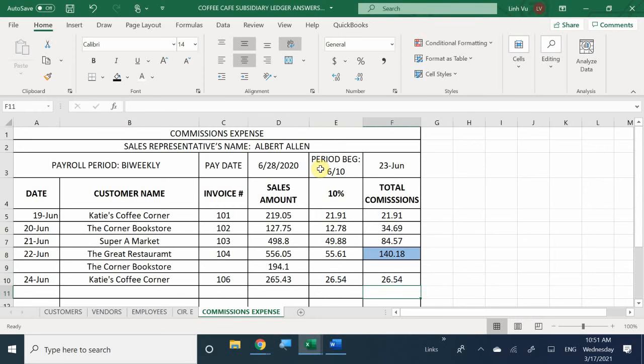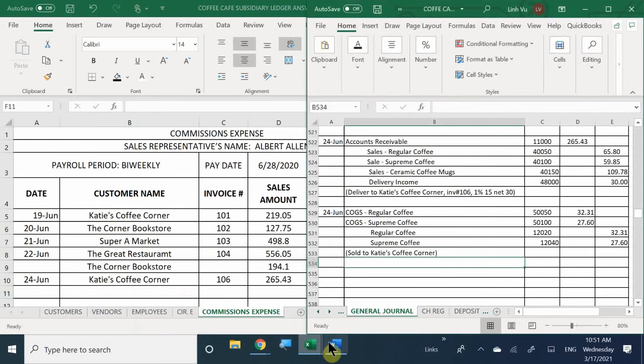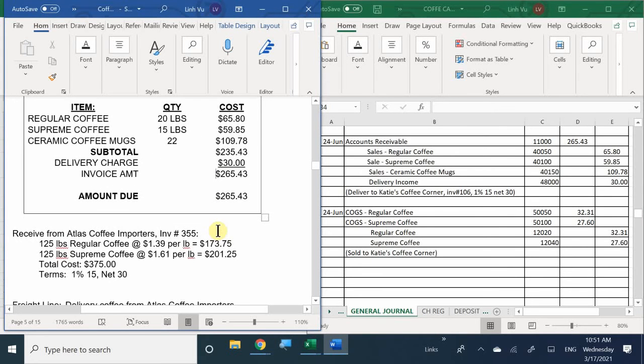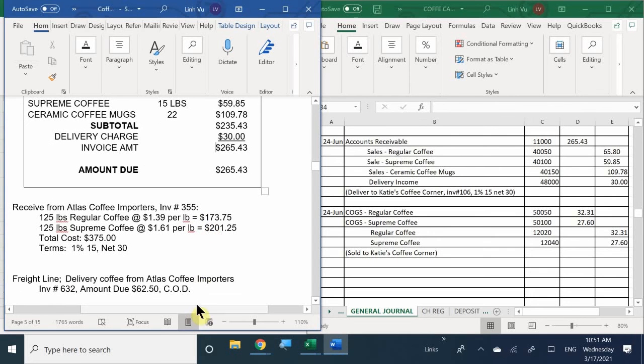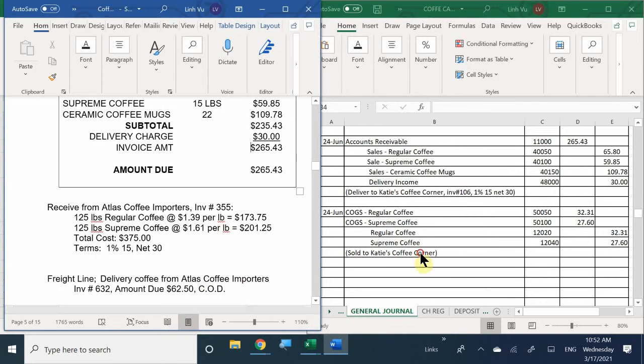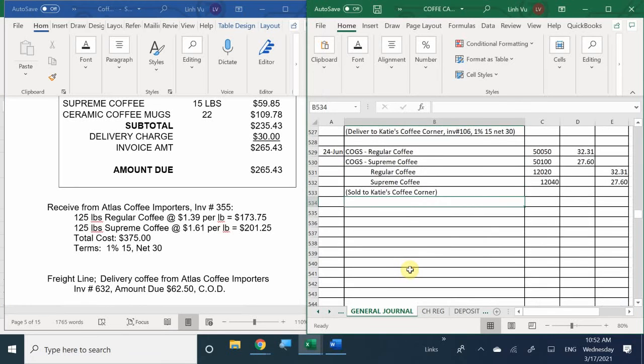Okay. And I think that should be it for that one. Now, what happened here? We received from Atlas Coffee Importers invoice number 355.